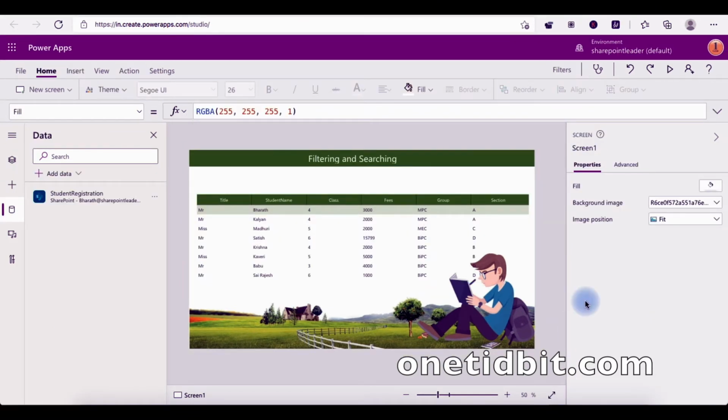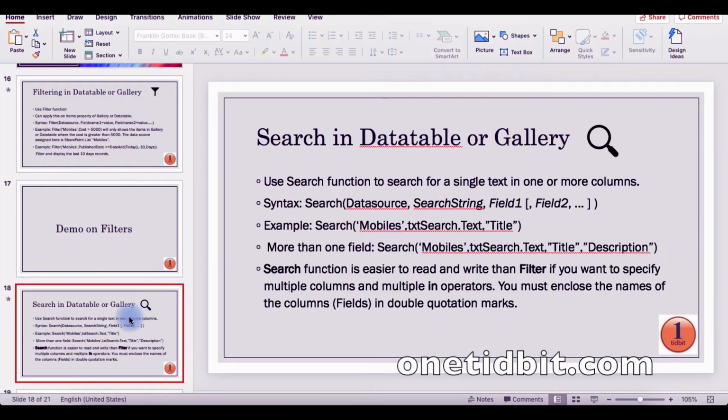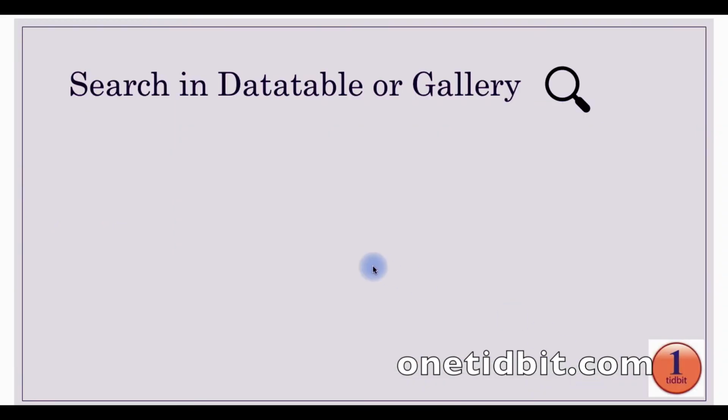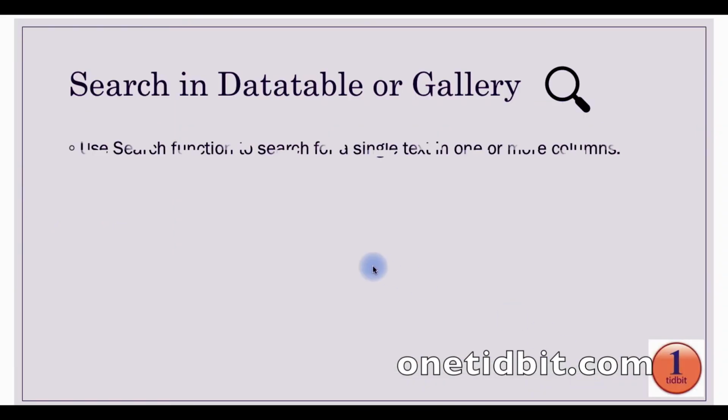Now let's see the other topic, Search. This Search also filters the data. It works with a single text in one or more columns.